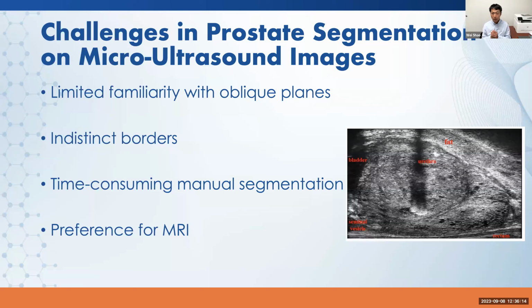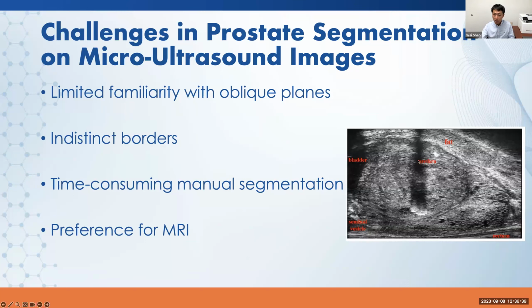That's one reason. The second is some indistinct borders between the bladder, the seminal vesicle, and the prostate capsule, especially in the midline. And another factor that causes challenges is that micro-ultrasound can have some artifacts.